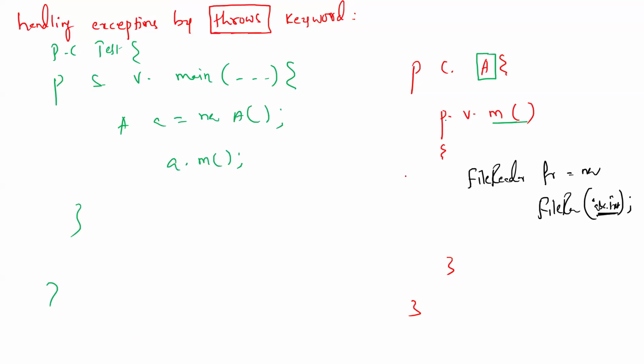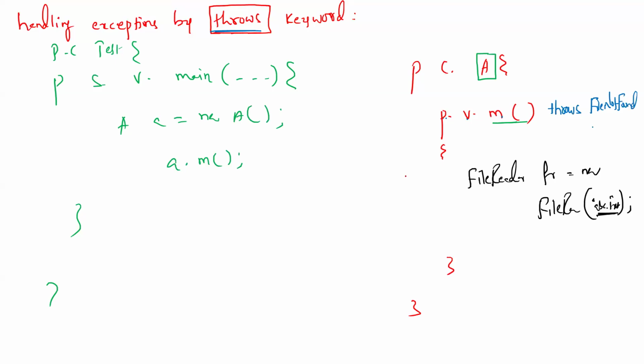So: public access modifier, return type, method name, parenthesis, inputs and all, then a space, and throws is a keyword. What exception does this line give? FileNotFoundException. So throws space, then the exception name FileNotFoundException.